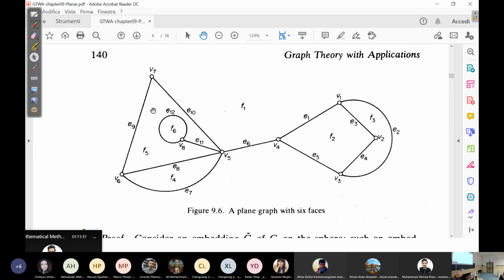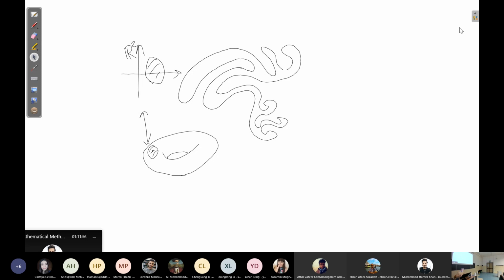Be careful, this F5 is also without a hole. Why? Because we take away this edge, so it opens up.